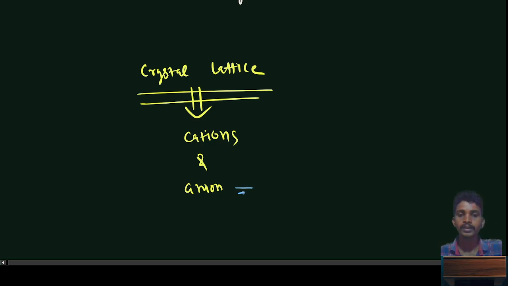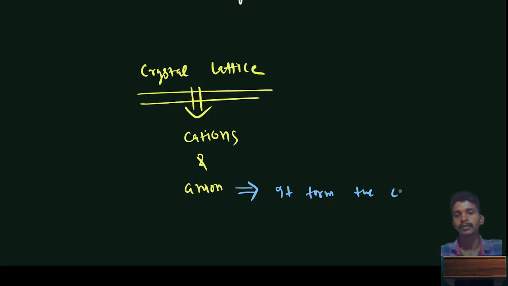The anions always make the crystal lattice.